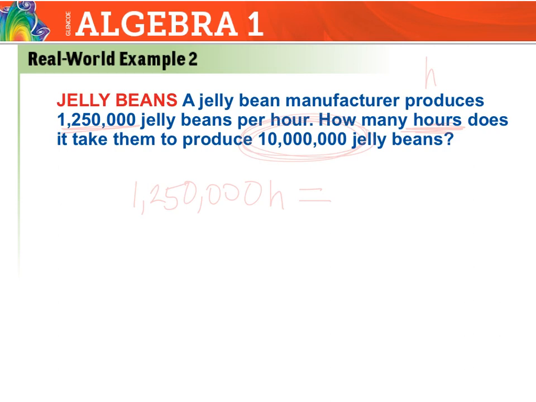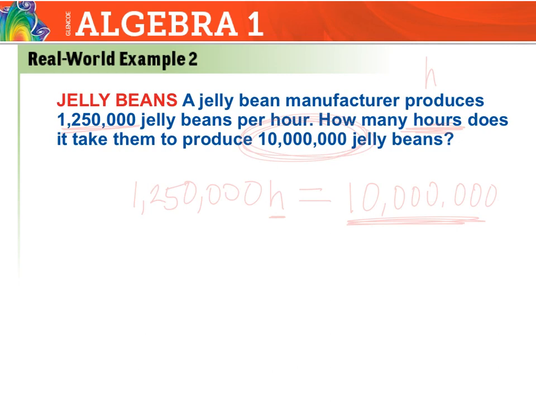Because if we make 1.25 million, it's got to be times some amount of time of hours where it will equal 10 million. You know what I mean? So there's your fancy equation. So there's some amount of time that we can multiply by 1.25 million that will then equal this, 10 million.